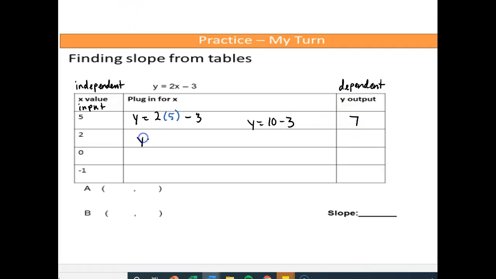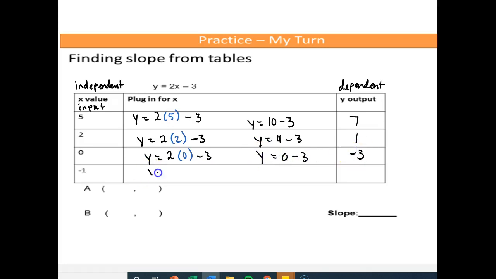Next, y is equal to 2 parentheses 2 minus 3, which means y is equal to 4 minus 3, which is an output of 1. Y is equal to 2 parentheses 0 minus 3, which is 0 minus 3, which is -3.